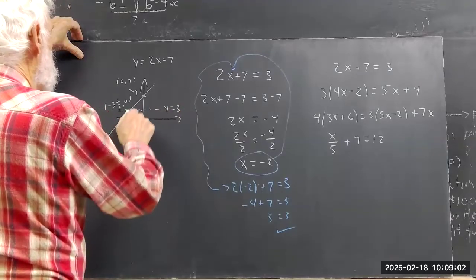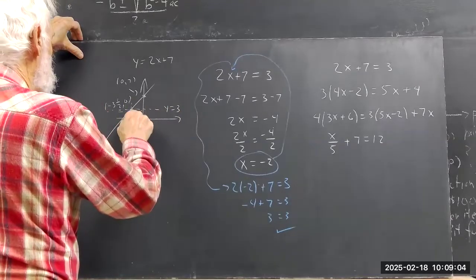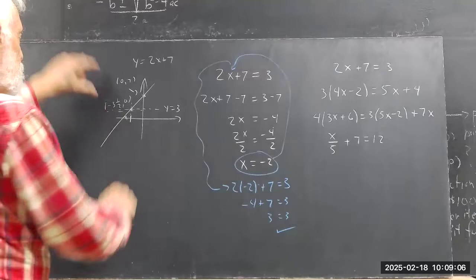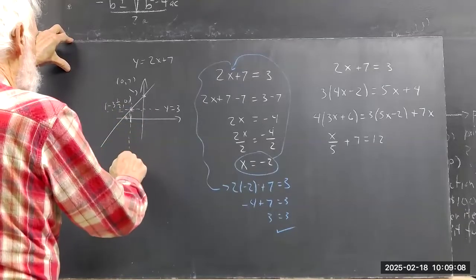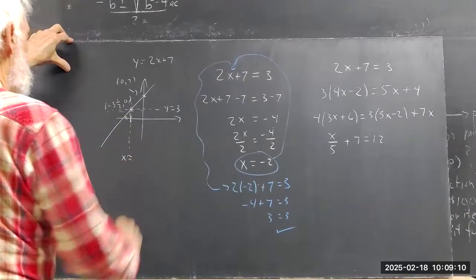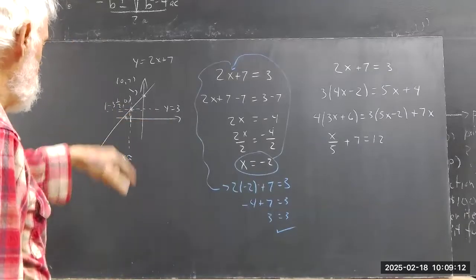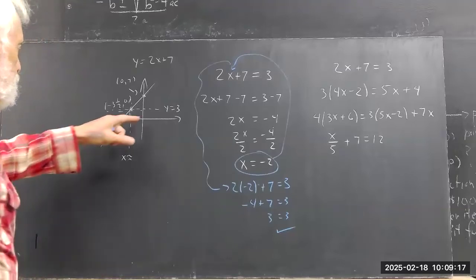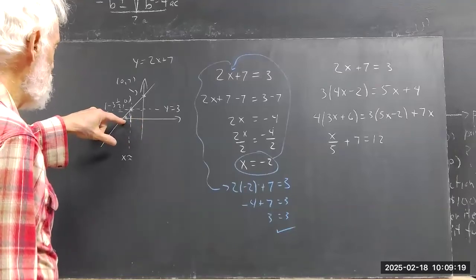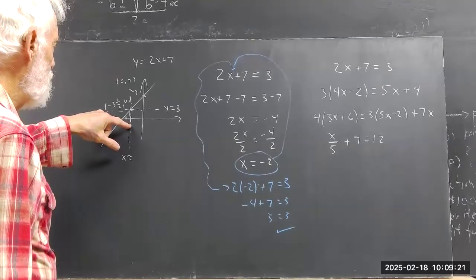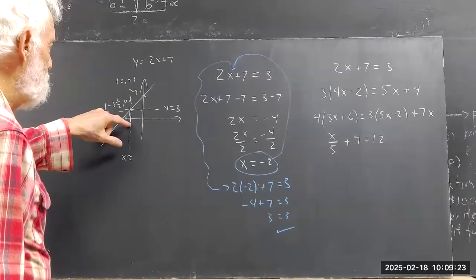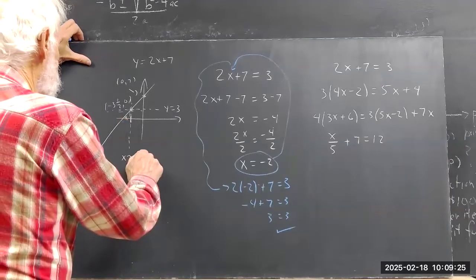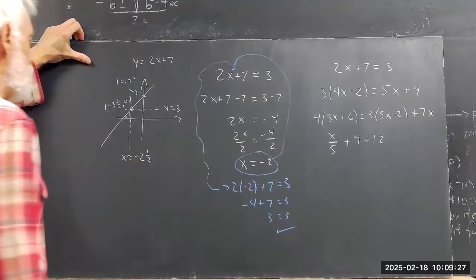Here's y equals 3. Here's the point where y equals 3. And right there is the value of x. It makes this true. And we see that according to this it is -3.5. That might be -3, but probably like negative 2.5.